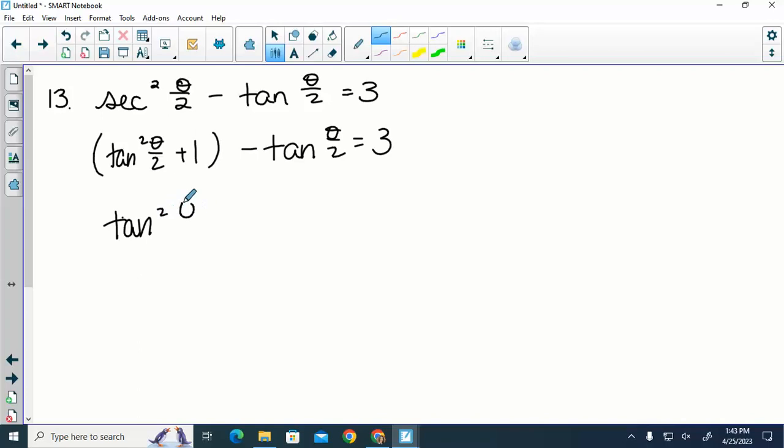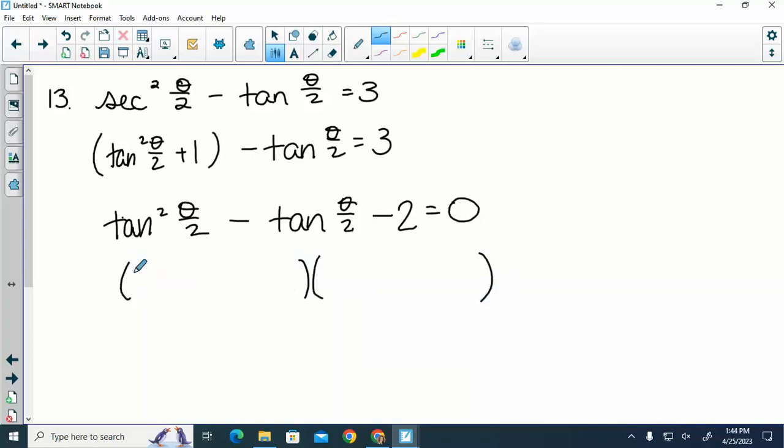So if I reorder things, I have tangent squared theta over 2 minus tangent theta over 2. If I subtract my 3, 1 minus 3 is negative 2. So then this should factor nicely. Tangent squared breaks into tangent. The angle doesn't change.